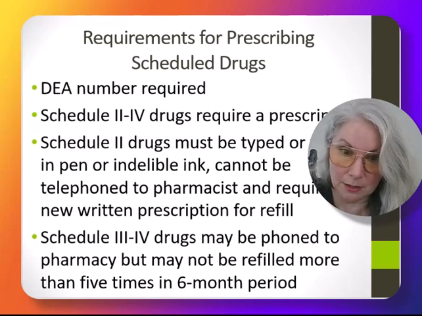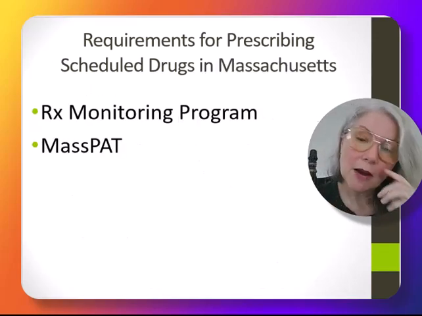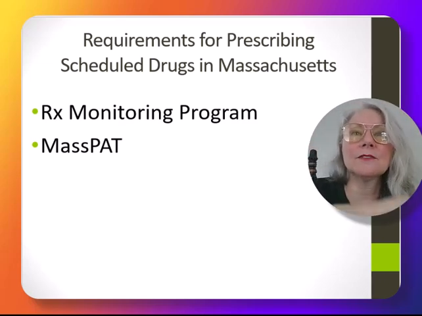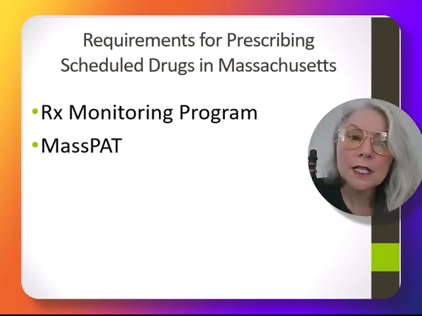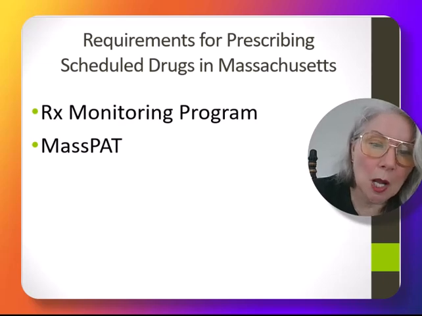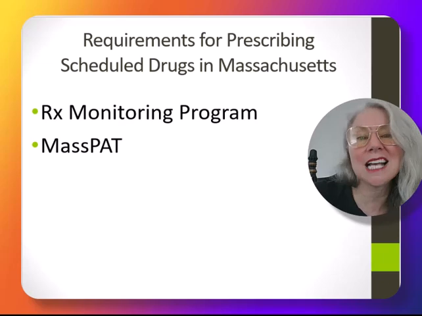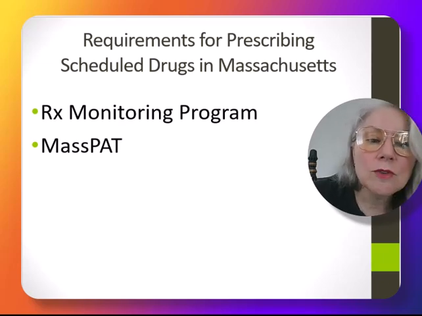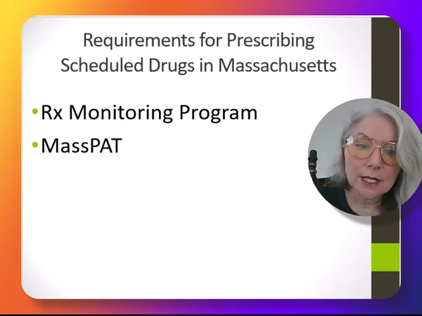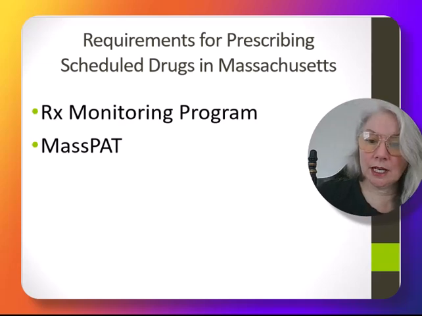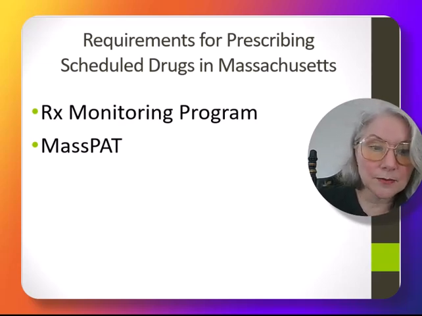Now in Massachusetts, where I'm from, all of these written things have sort of been removed because we have something called the Massachusetts Prescription Awareness Tool, or MassPAT. And you need to use MassPAT whenever you prescribe an opioid. And the research does show it's lowering the number of opioid prescriptions.